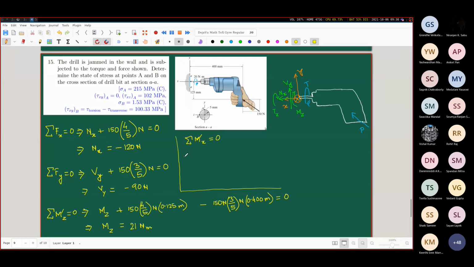So we are trying to do a moment balance about the x-axis. This will be Tx plus 20 Newton meter equal to 0. This will give us Tx equal to minus 20 Newton meter.